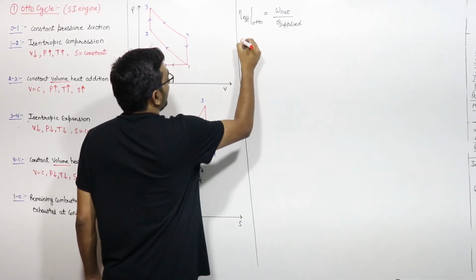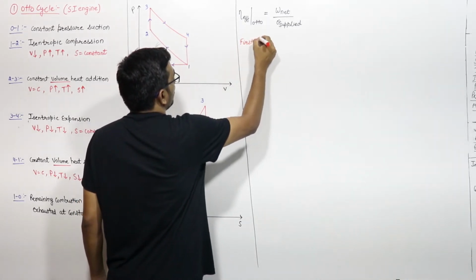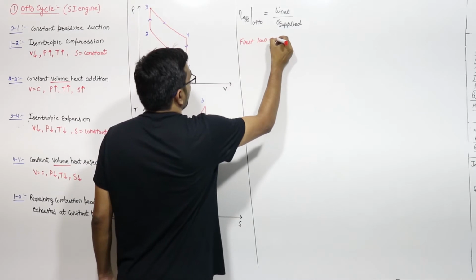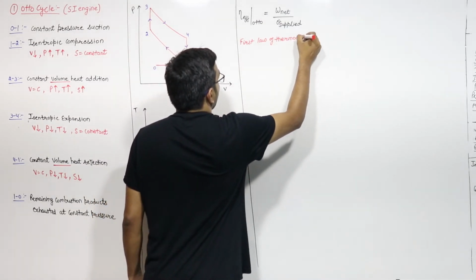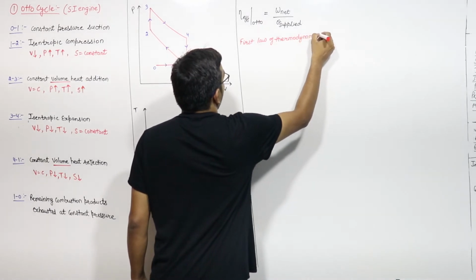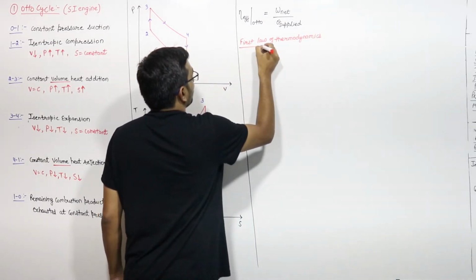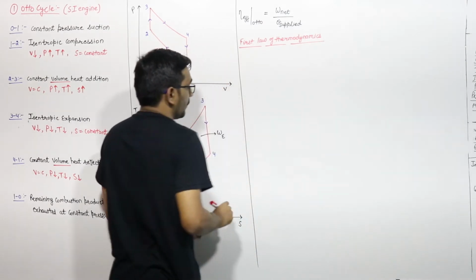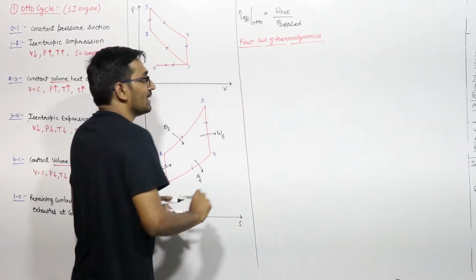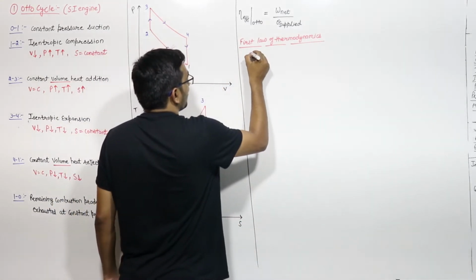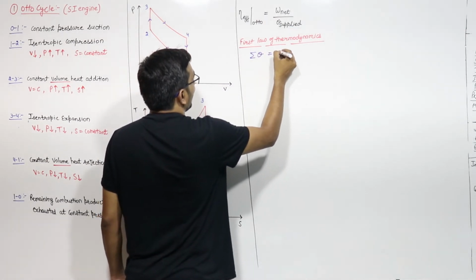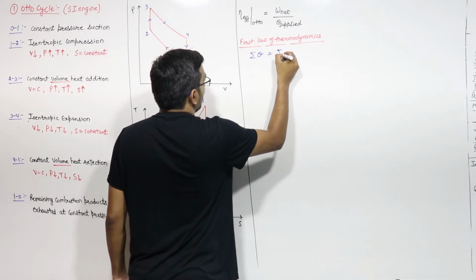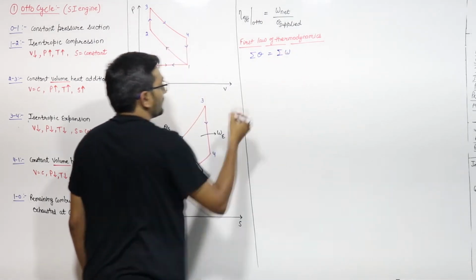So if I apply the first law of thermodynamics for this complete cycle, the first law says that the summation of all the heat interactions will be equal to the summation of all the work interactions.